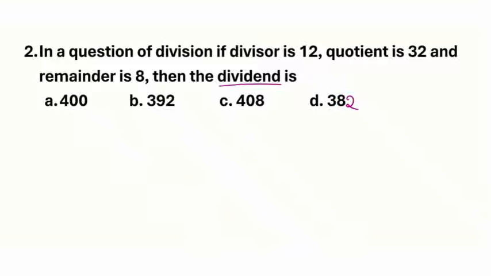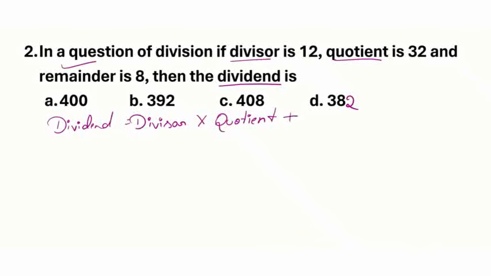There is a formula to find the dividend, that is dividend equals divisor into quotient, and to this product you're going to add the remainder.